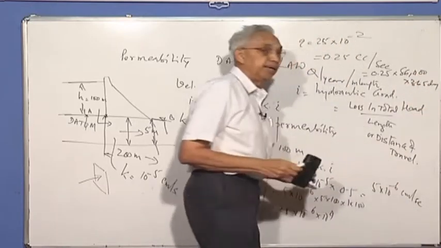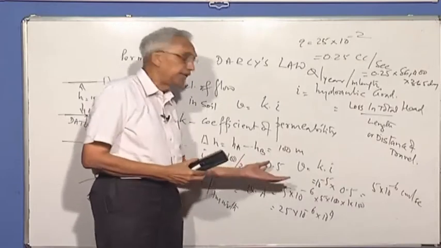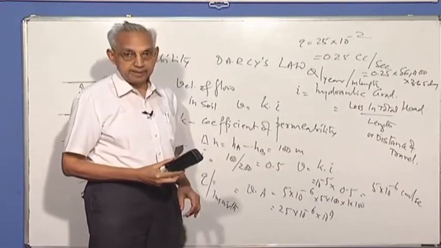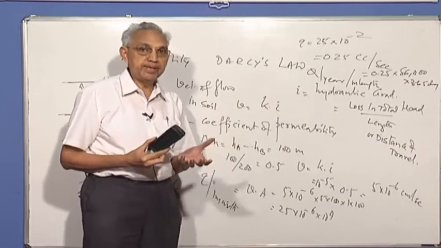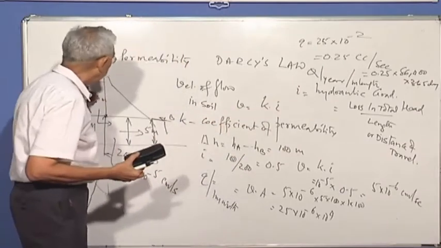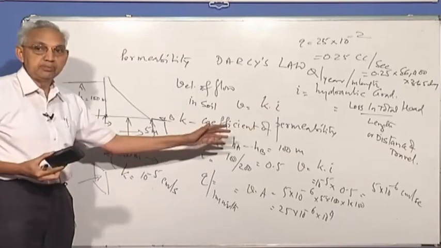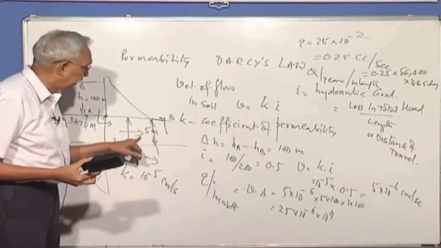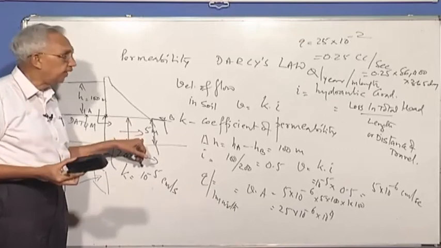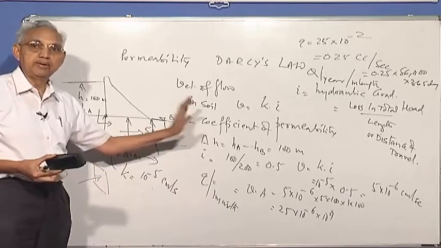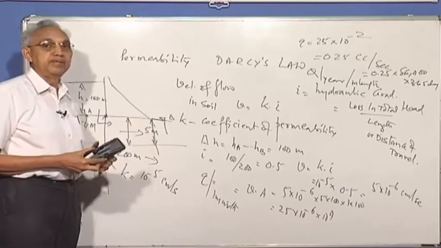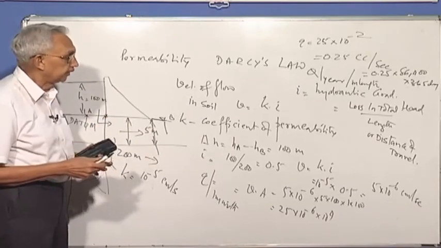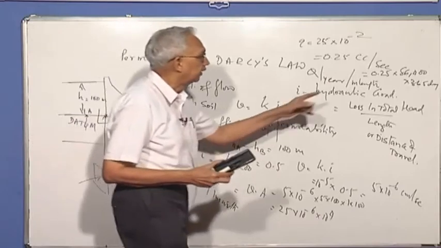So that will be the kind of loss through the foundation over 1 year, and you have to be very careful in estimating, because if you don't take care of that, the water in the reservoir may escape through the foundation. If the K of the foundation soil is high, all of the water may be lost. So as a geotechnical engineer, we make sure the foundation is relatively impervious. So this is how we calculate.